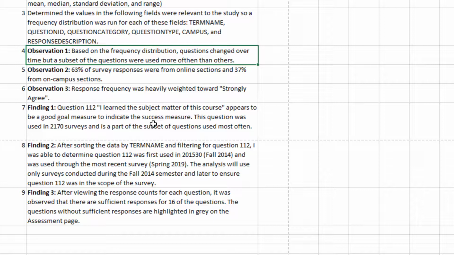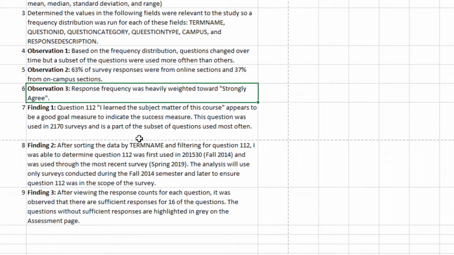But I selected the questions that seemed to be the most frequently used, and that's what I'm going to stick with in my analysis. I also noticed that a majority of the survey responses were from online sections, and that the response frequency was heavily weighted towards strongly agree. So those were the observations.